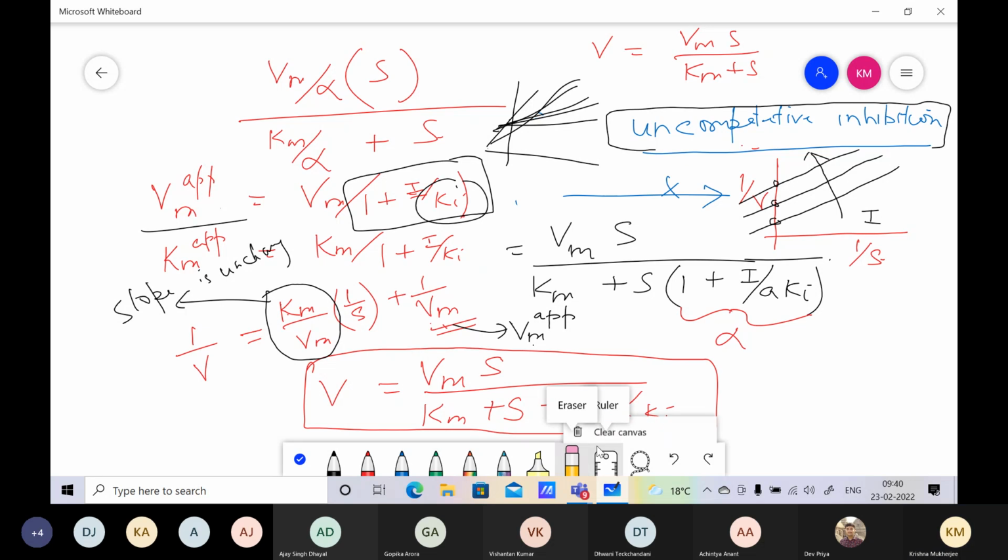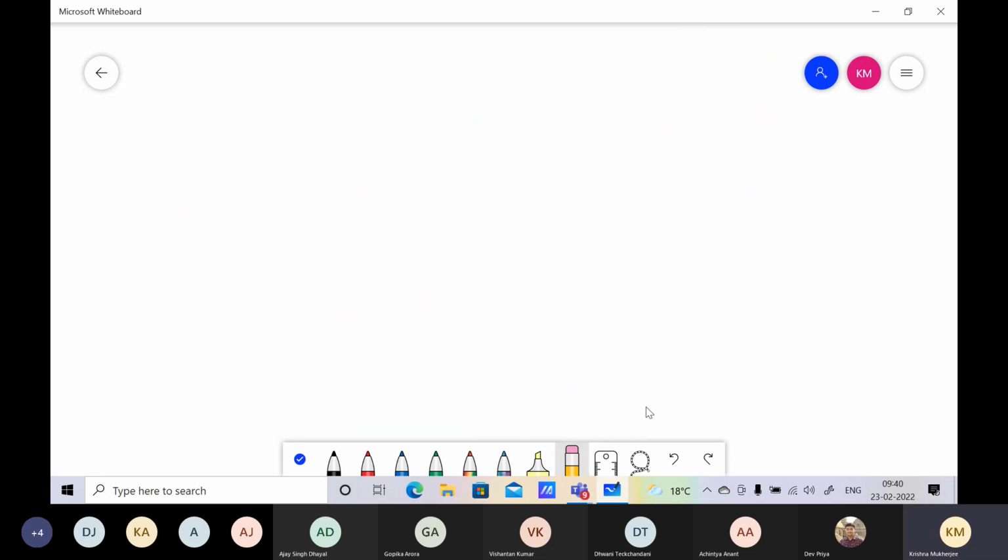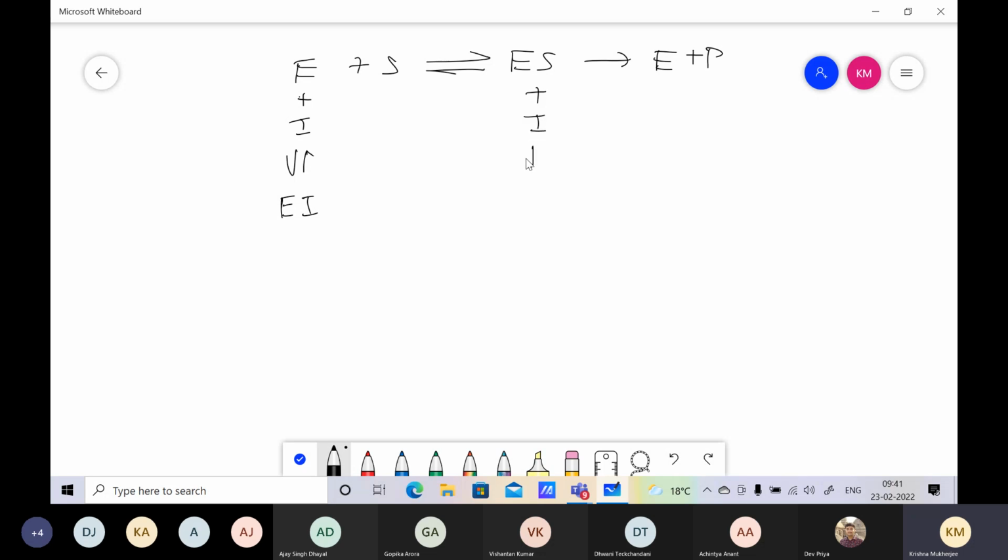So now, when both things happen, then it is called mixed inhibition kinetics. So when you have E plus S going to ES, going to E plus P, obviously, and E plus I is EI, which is a dead-end complex, and ES plus I is EIS, a dead-end complex.